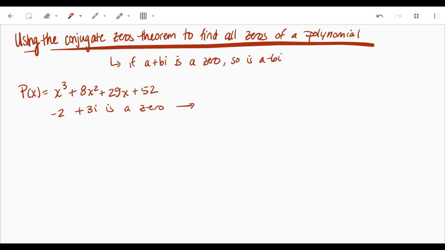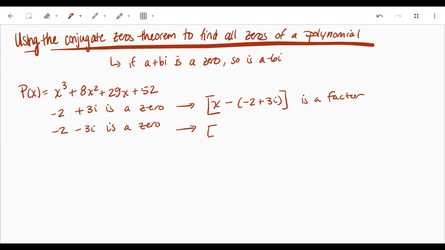Which we know means that x minus negative 2 plus 3i is a factor. And we also know that that means that negative 2 minus 3i is also a zero, okay? Complex zeros come in pairs. So that means that x minus negative 2 minus 3i is a factor.